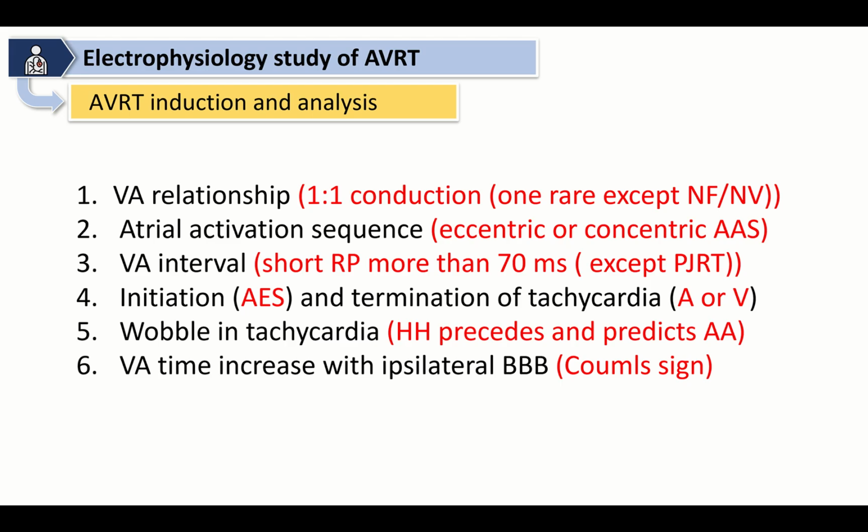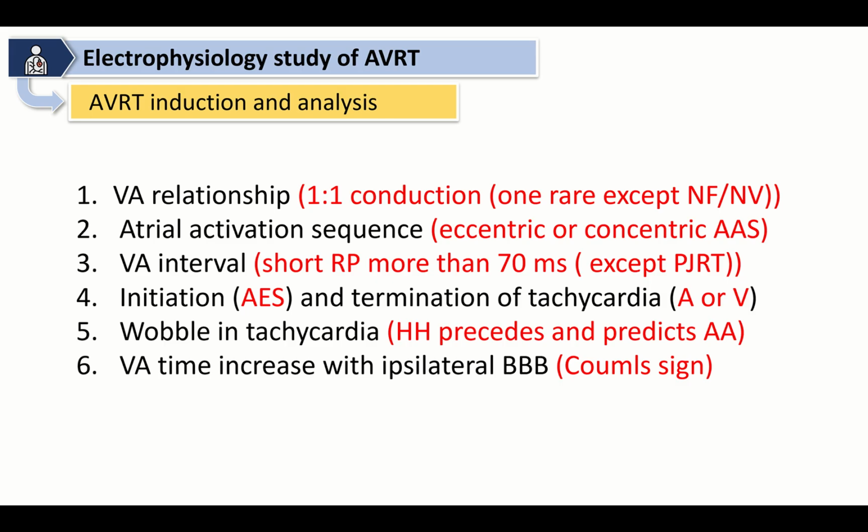Number 2, atrial activation sequence, eccentric in lateral accessory pathway, concentric in septal accessory pathway, and you have to discriminate from the AVNRT. Number 3, VA interval. All accessory pathway tachycardia are short RP with VA interval more than 70 milliseconds, except one rare condition, PJRT, atypical accessory pathway with long RP tachycardia in pediatric.